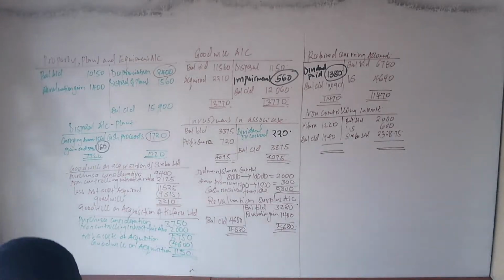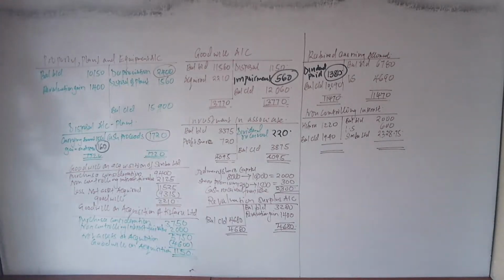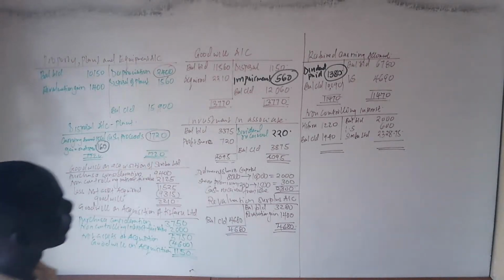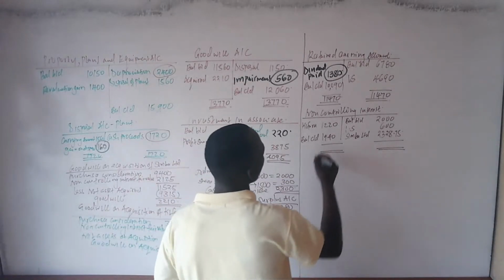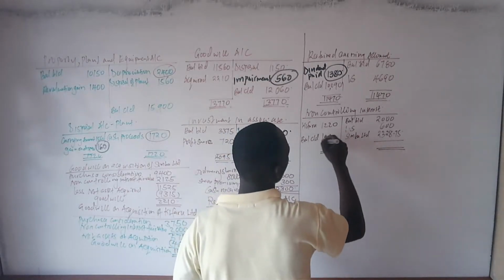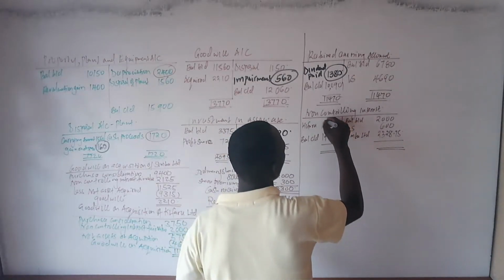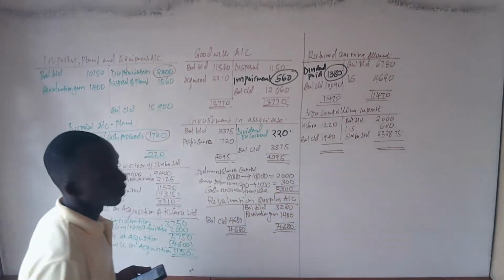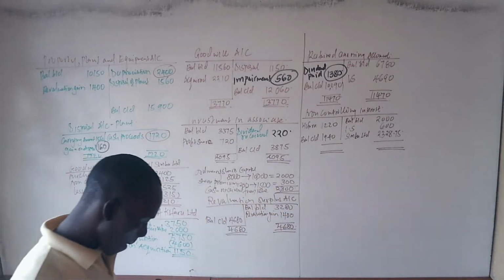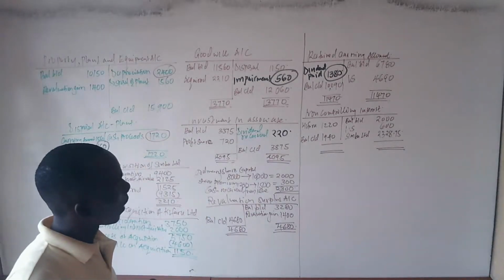NCI will be how much? This is 2328.75 plus 1220, giving 3548.75.